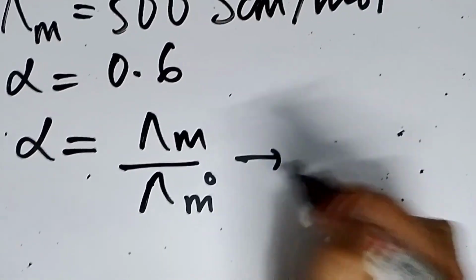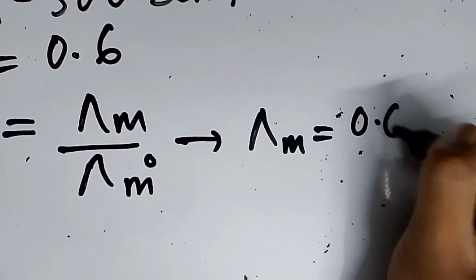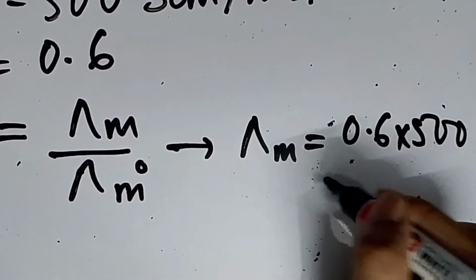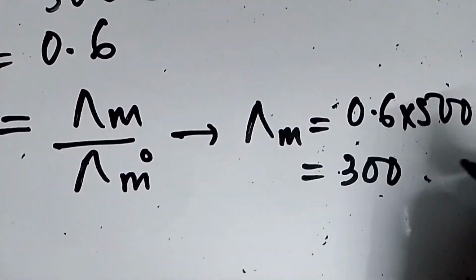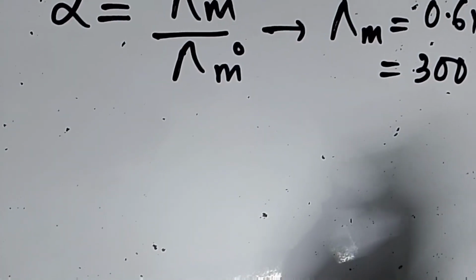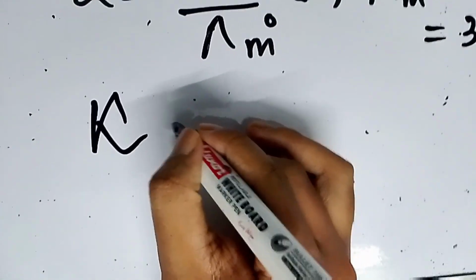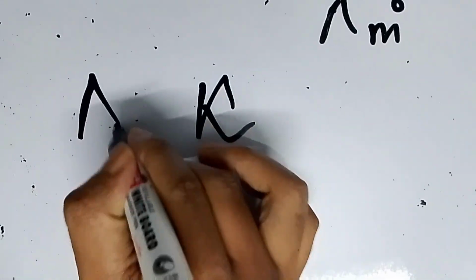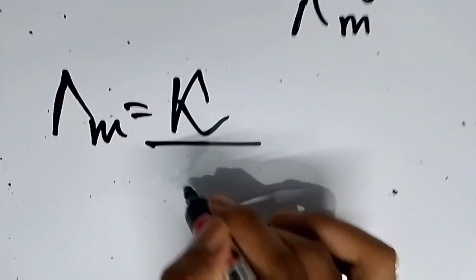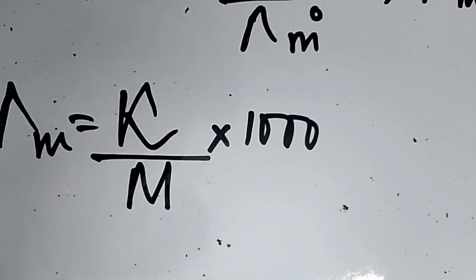So from here we get the molar conductance of the solution as 0.6 times 500, that is equal to 300. Now this is the molar conductance, and we need to find the value of conductivity, that is kappa, and we know that molar conductance is equal to kappa by molarity multiplied by 1000.